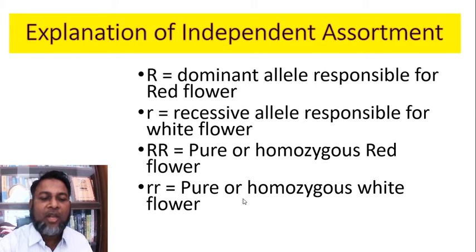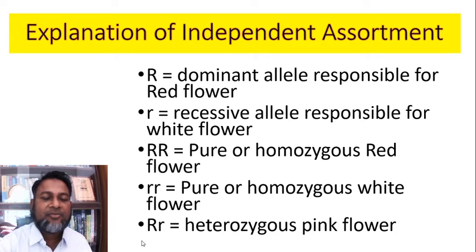Small r small r is pure or homozygous for white flower. The exception or deviation we find is for capital R and small r. This is the heterozygous genotype, and this heterozygous genotype gives a pink flower.